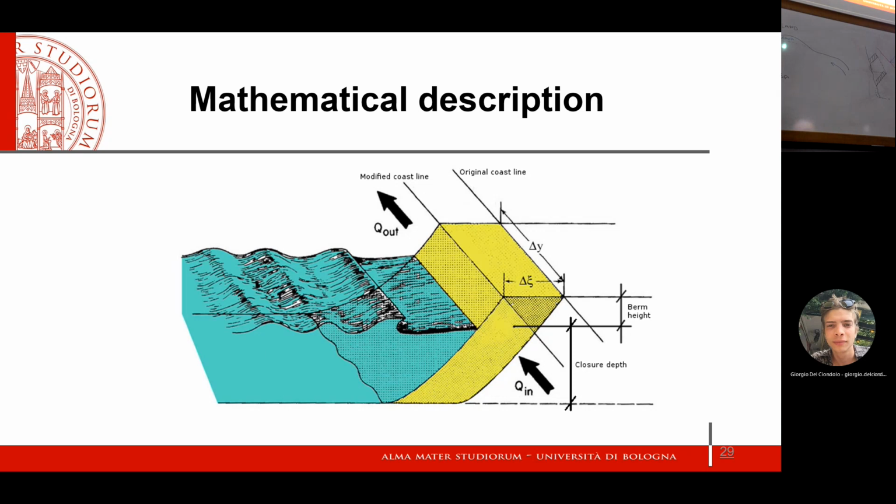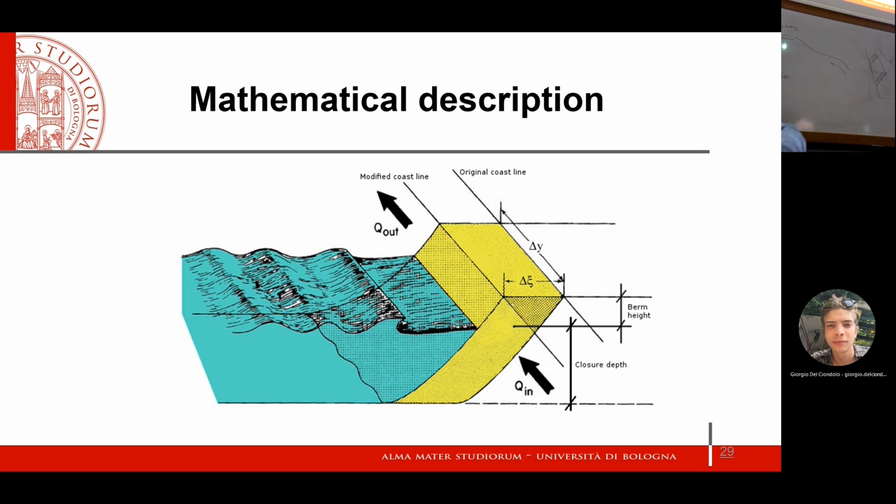And of course, you will have zones where you have accretion, zones where you have erosion, you have a displacement of beach, which is simulated by the numerical model, with the very relevant assumption that the shape of the beach doesn't change. But the principle is simple, I mean, in itself.